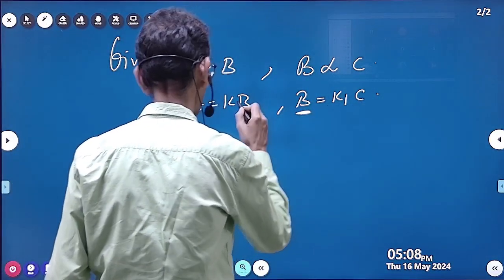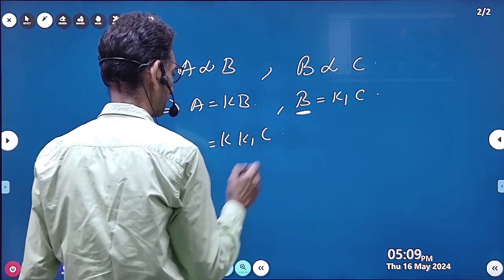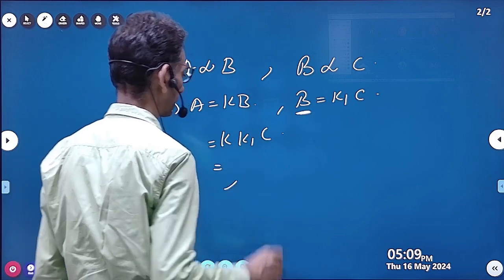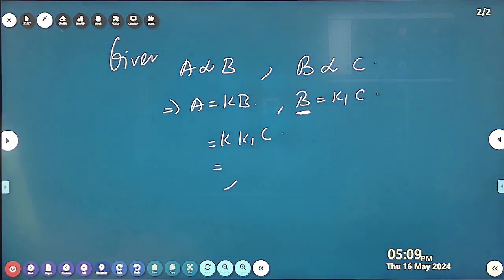Substitute K1C here: A equals K times K1C. So what is K into K1? Multiplying two constants, there will be another constant. For example, 5 into 10 is 50. 50 is another constant.